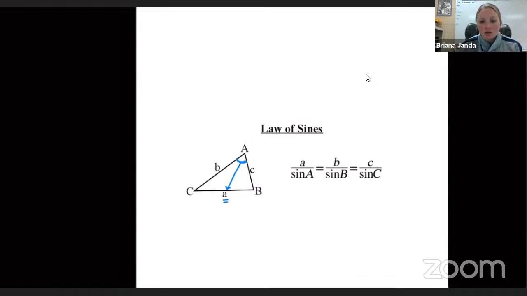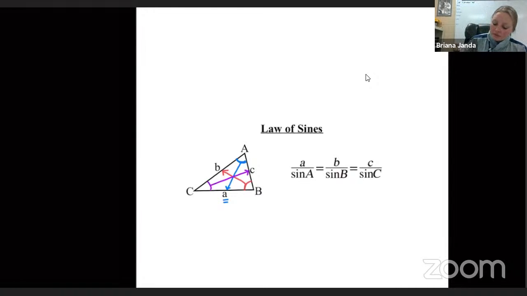So the side across from angle A will be noted lowercase a, the side across from angle B will be noted lowercase b, and the side across from angle C will be noted as lowercase c. And what you see in the law of sines is the ratios of the side across over the sine of that angle.